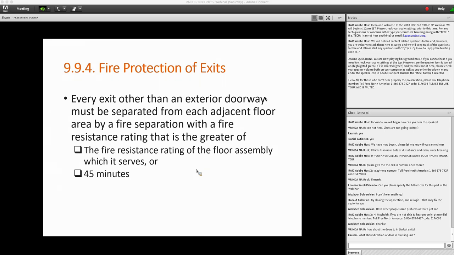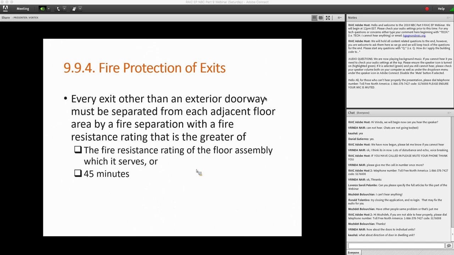Exits are typically required to be fire separated from the remainder of the building by a fire separation with a fire resistance rating, and the fire resistance rating is required to be not less than 45 minutes. But if you have, for instance, a building for which the floor assembly is required to be 1 hour rated, the fire resistance rating of the exits would have to match the fire resistance rating of the floor assembly that it serves.